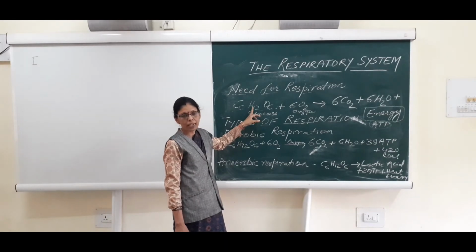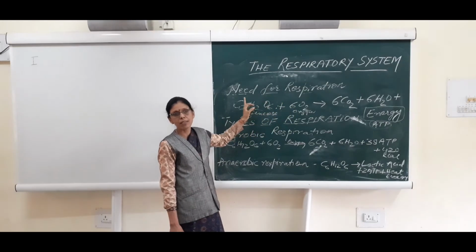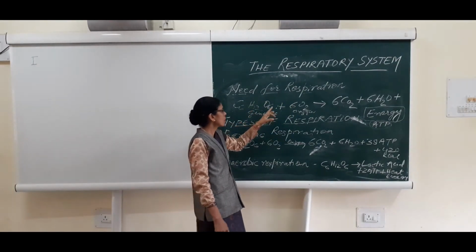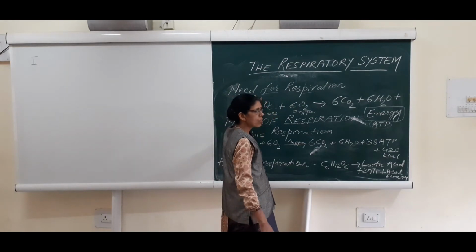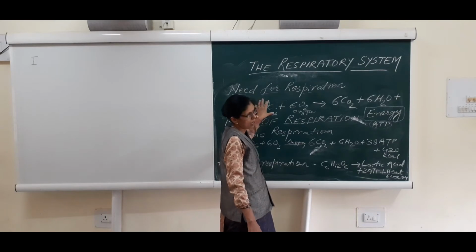Number 1. Second, in respiration, oxygen is used. In photosynthesis, carbon dioxide is used. Here, in photosynthesis, glucose is prepared. Here, glucose is broken down.